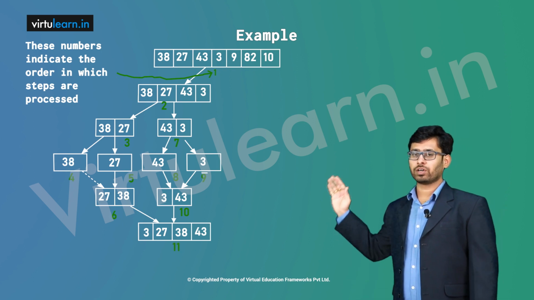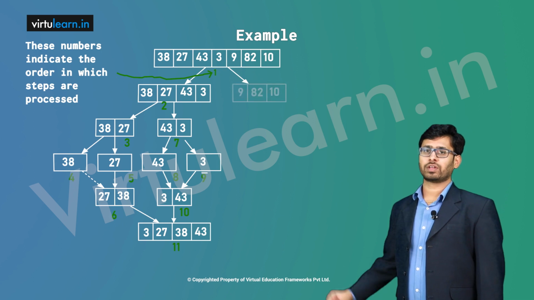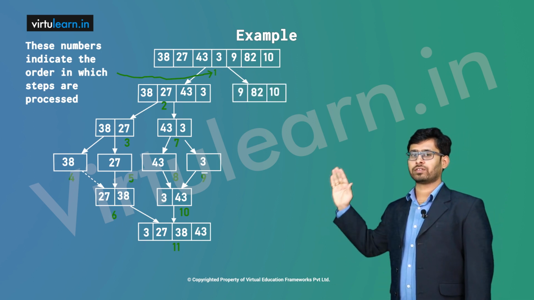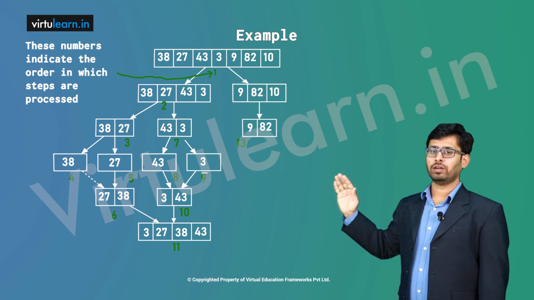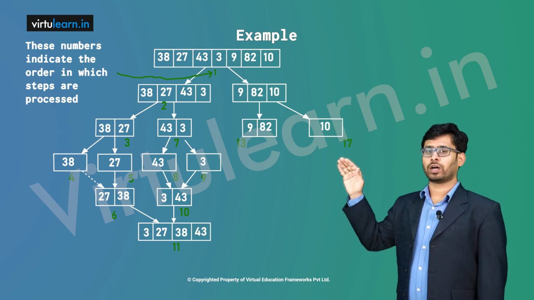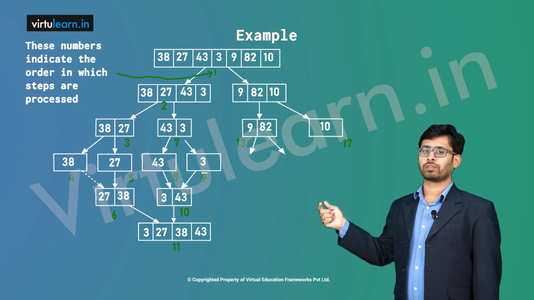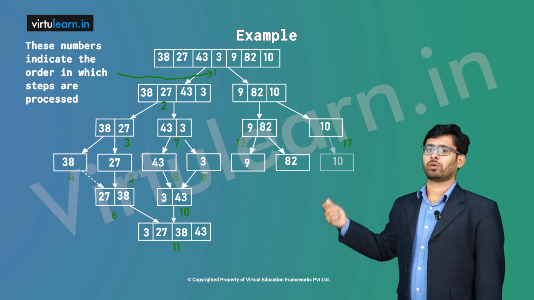After completing the left side, now we shall go for the right hand side, that is 9, 82, 10. Now 9, 82, 10 is again subdivided into two halves, that is 9, 82 and 10. Again 9 and 82 are divided into atomic values, 9 and 82. Next 10 is already an individual element.